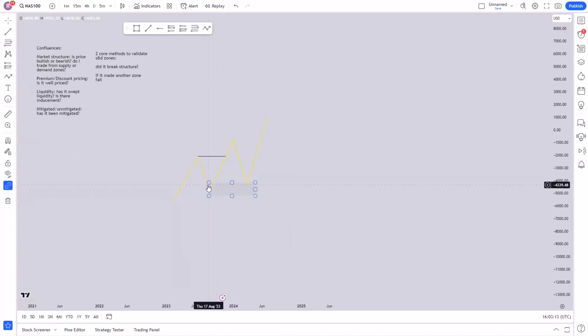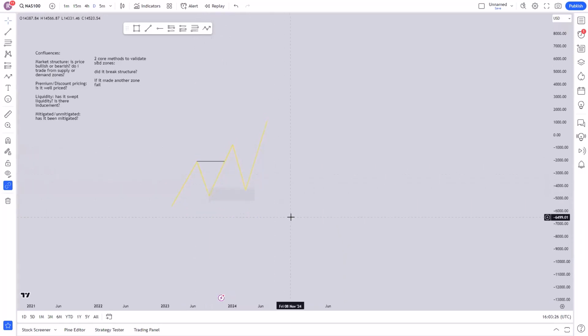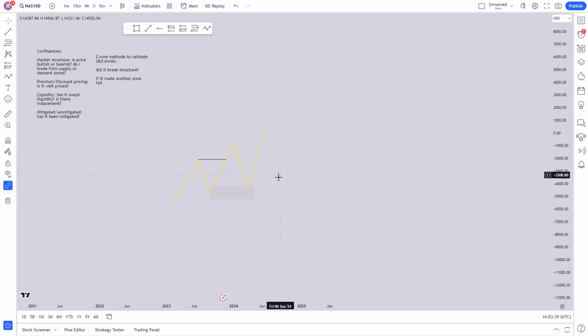Okay, how much money did it take to come from this low to then push all the way up and break this structure? How much money did that take? It took a lot of money, right? Because it even takes a lot of money to move price by one pip. So how much more did it take to push price all the way up here to break this structure? A lot, a lot, a lot more, right?